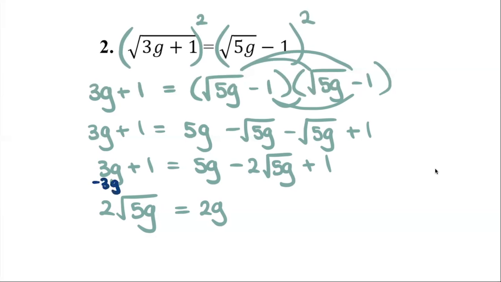I'll go ahead and show this so you can see what I'm doing. I'm going to subtract 1, and so that just becomes 0. All right, and then I'm going to divide by 2 because I need to isolate the radical. So if I divide by 2, I'm left with rad 5g is equal to g.